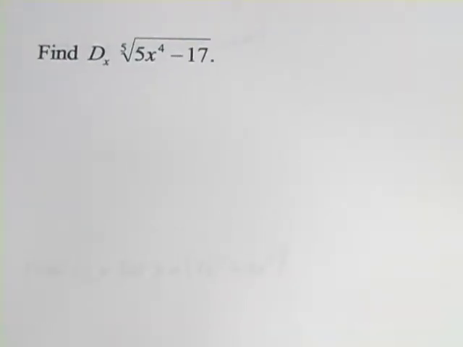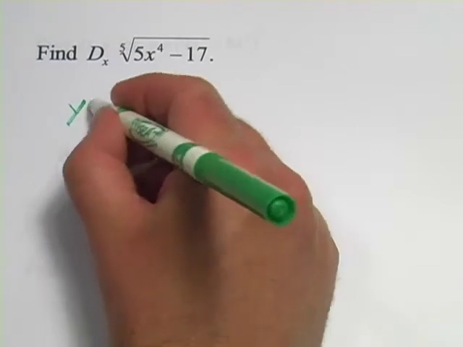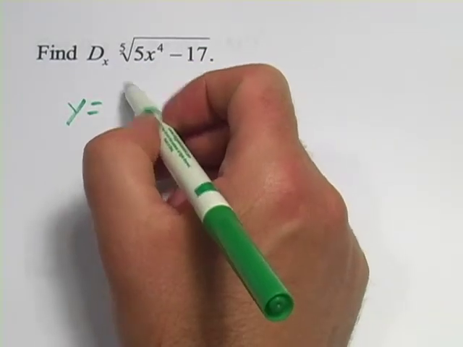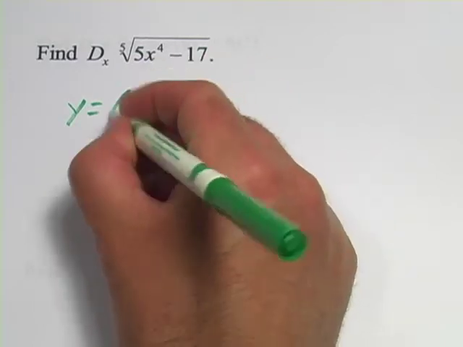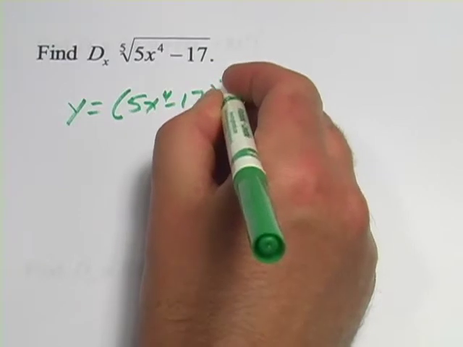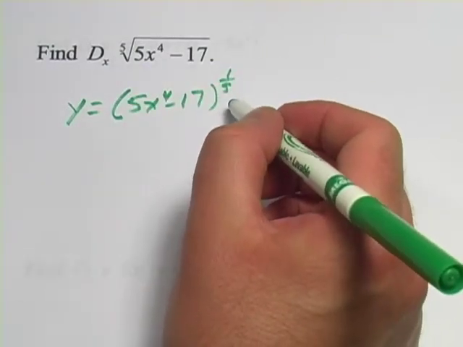So this one looks pretty daunting to begin with, but I think the first thing I'd like to do is just rewrite this function. I'm going to call it y, and instead of a fifth root here, I'm going to say we raise this to the 1/5 power. Remember, when you have a root, that's the denominator in a fractional exponent.